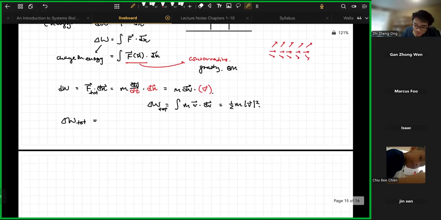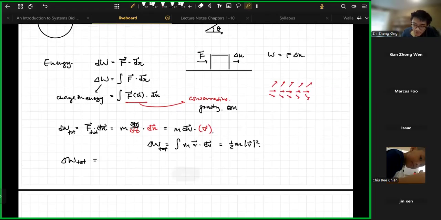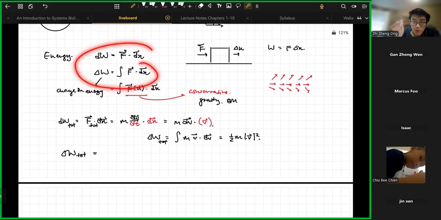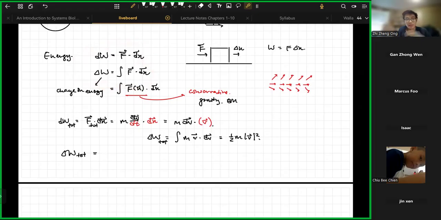Right, so hold on. Over here, this is when we broke down the forces into each individual component part. So therefore we can talk about individual component energies. For example, if you have a problem with gravity and EM, you can break out the energy into the gravitational energy and the EM energy.